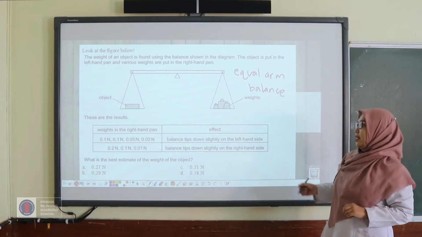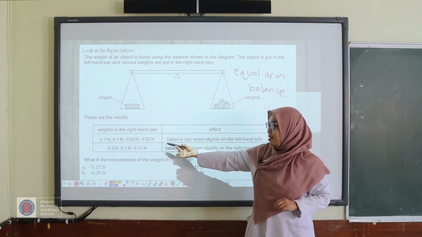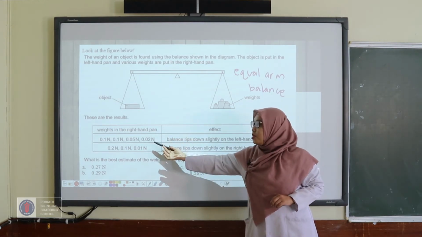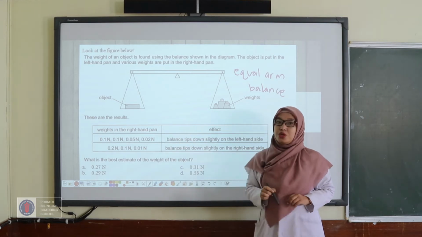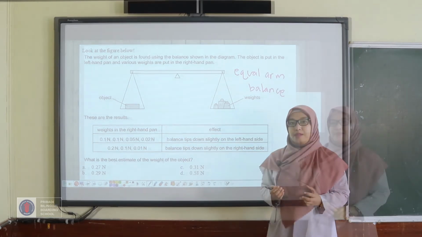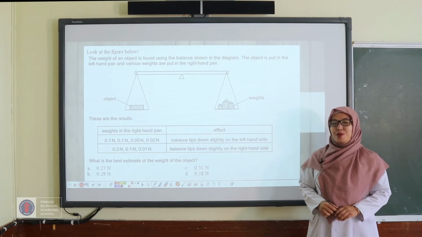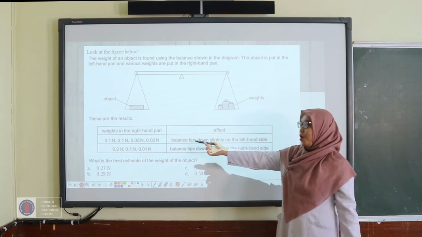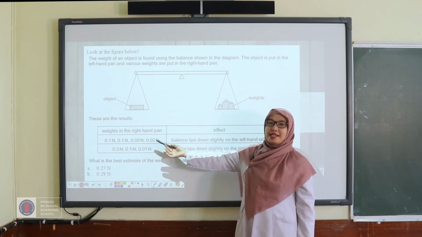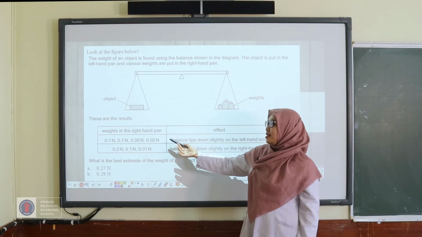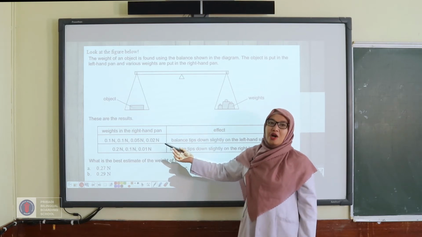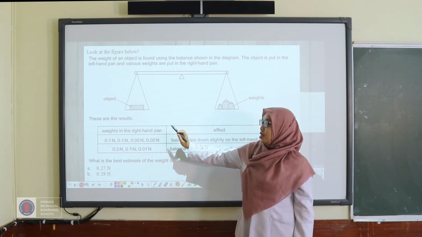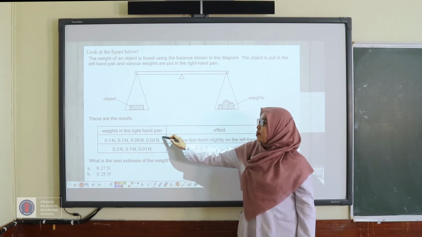The first trial, here is the result. She put 0.1 Newton, 0.1 Newton, 0.05 Newton, and 0.02 Newton. So, what's the total weight? You can add these weights to get the total weight.